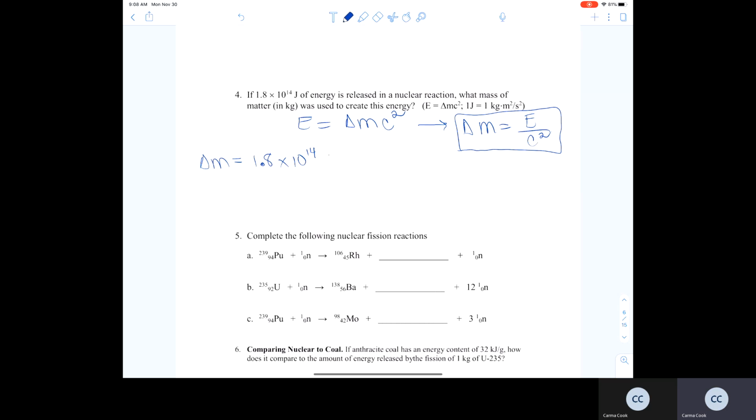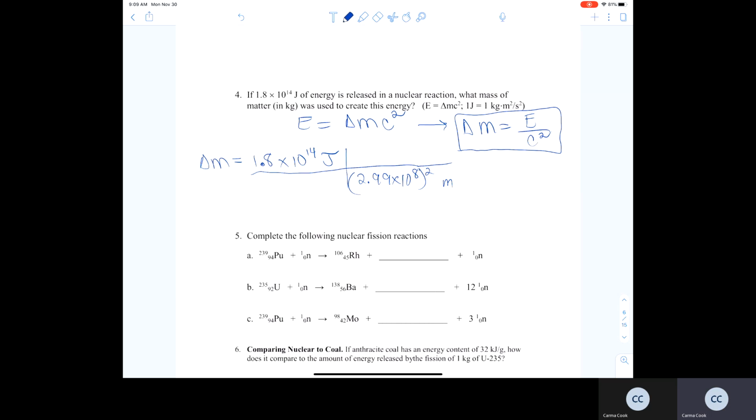So the energy is 1.8 times 10 to the 14th joules. The speed of light is 2.99 times 10 to the 8th, and we have to square it.